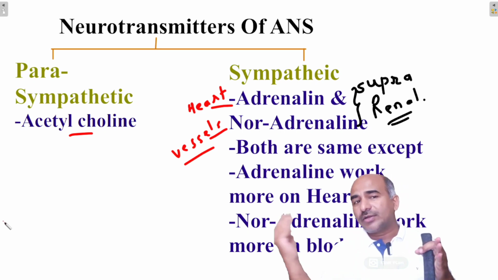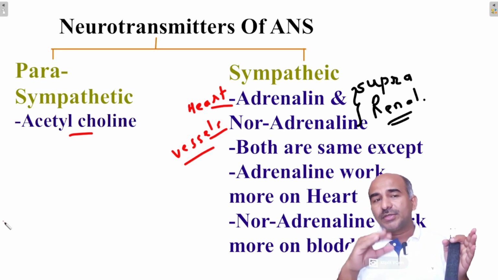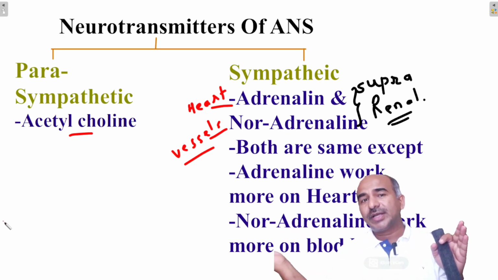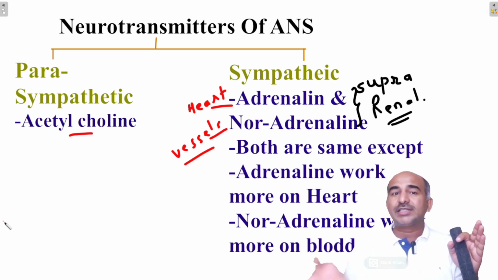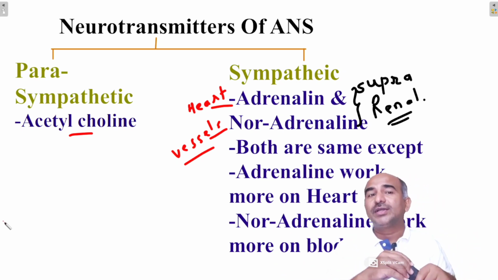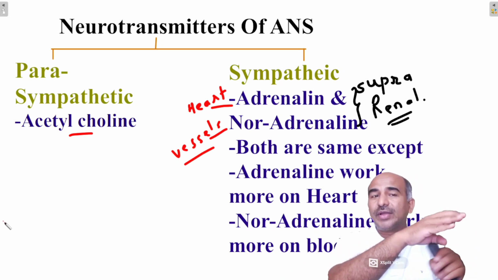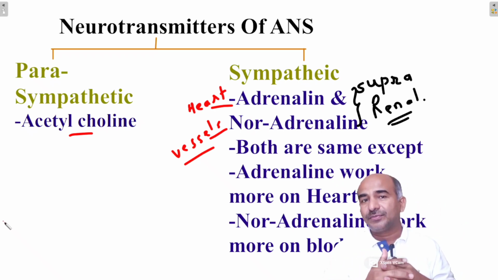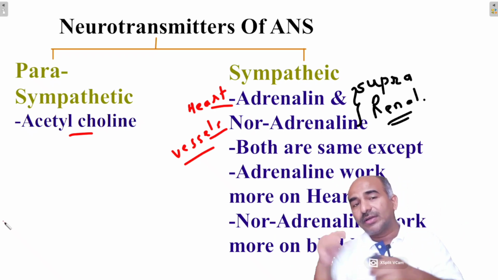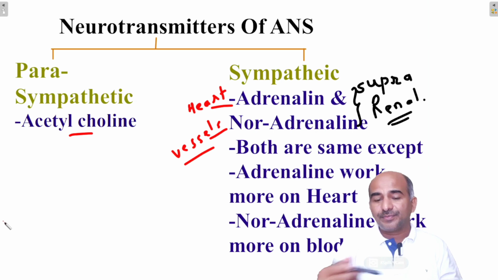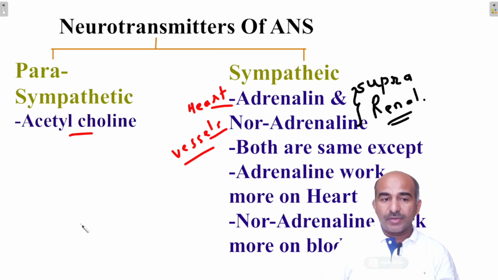We don't have to give the opposite thing, meaning a chemical having opposite action. We will just block the action of the agonist. A chemical which blocks the action of the agonist is called an antagonist. It does not have its own opposite action.